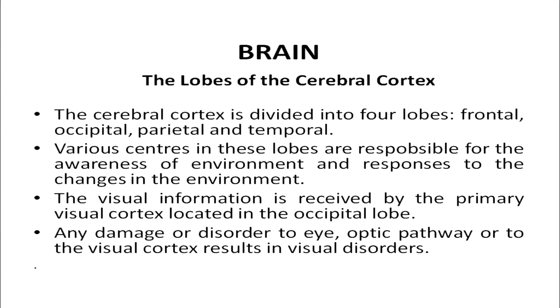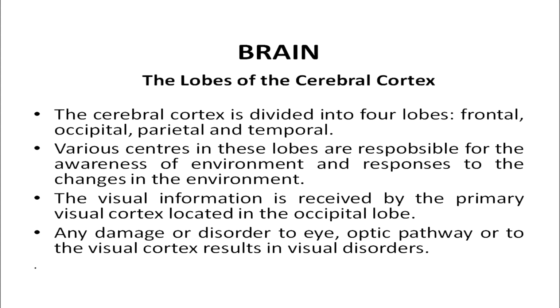Various centers in these lobes are responsible for the awareness of the environment and responses to changes in the environment. The visual information is received by the primary visual cortex, which is located in the occipital lobe. That is, whatever information is related to vision is processed in the occipital lobe, which is one of the lobes of the cerebral cortex.